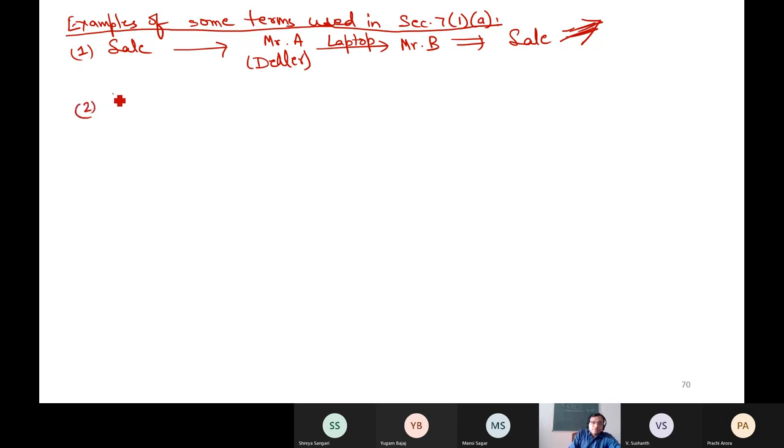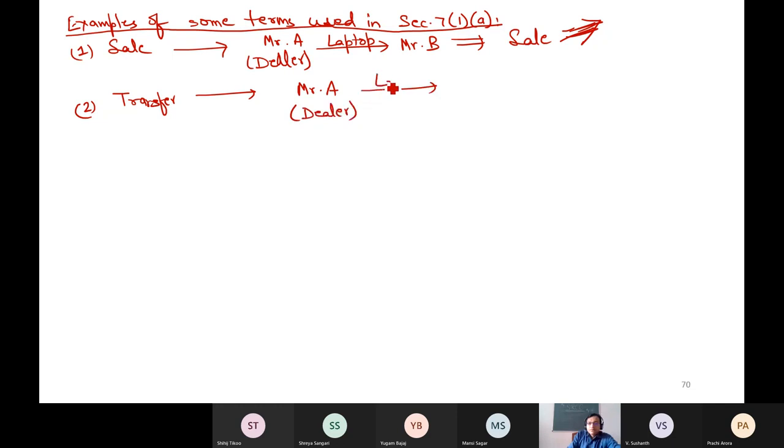What is transfer? Mr. A, dealer, transferring laptop to Mr. B and not receiving anything in return.